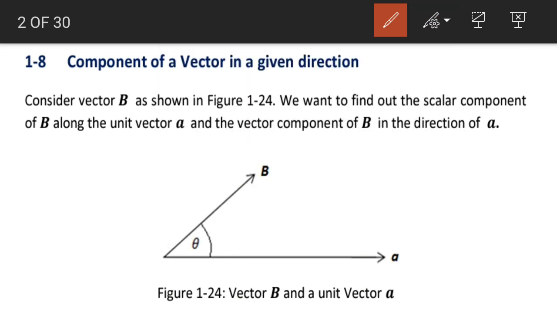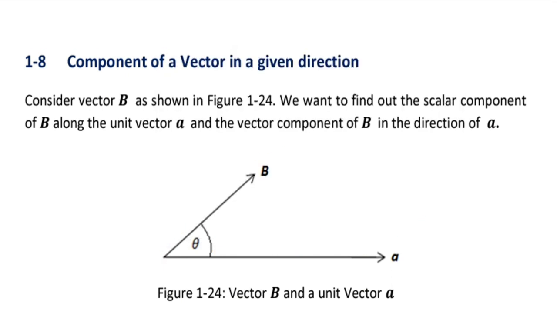So we consider this vector, this line, and the unit vector along this line as well. The angle between the vector and the line is represented by theta.